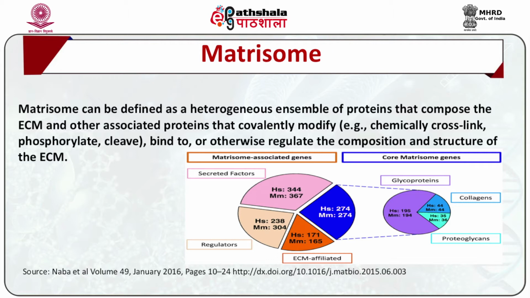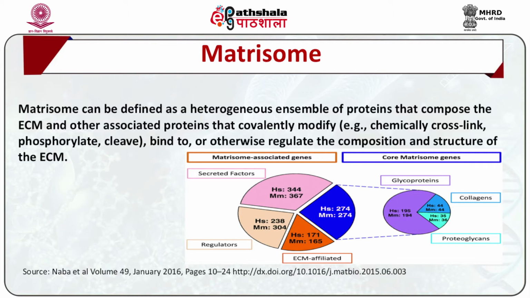In silico classification has been proposed for ECM and its associated proteins, and the term is referred to as matrisome. It can be defined as a heterogeneous assembly of proteins that compose the ECM and other associated proteins that covalently modify, for example, chemically cross-link, phosphorylate or cleave, bind to or otherwise regulate the composition and structure of ECM.